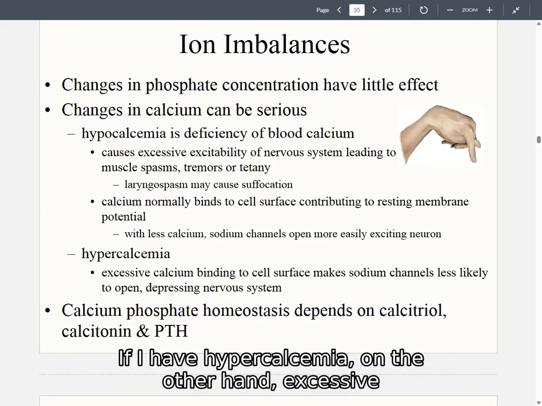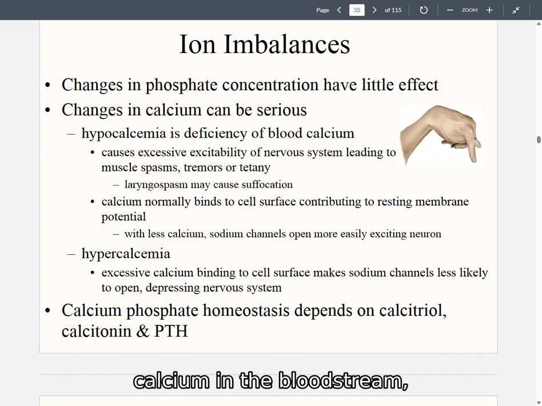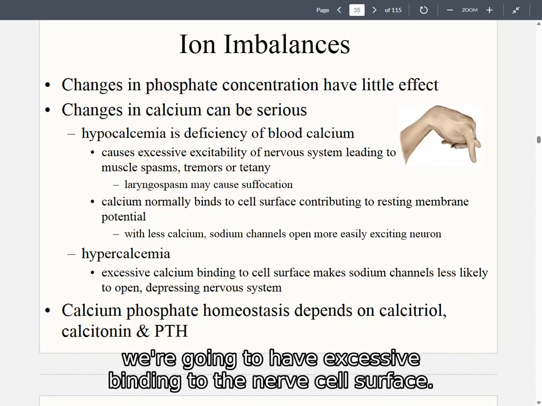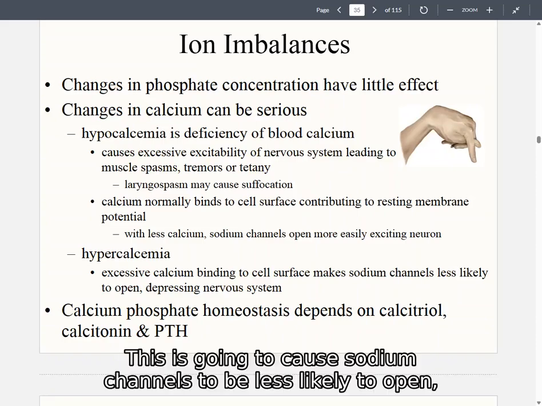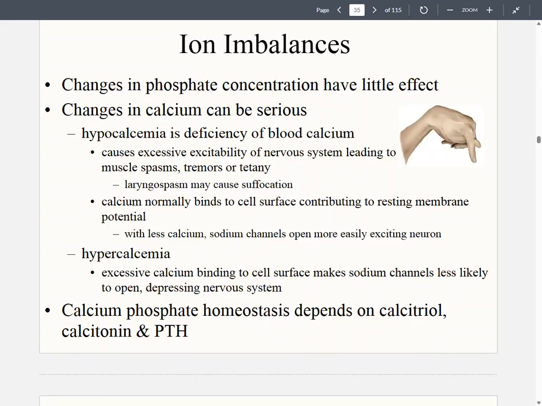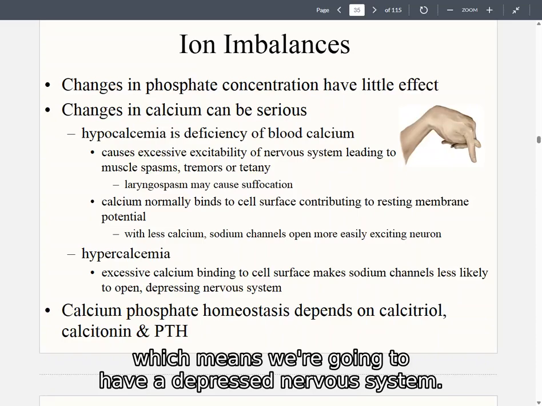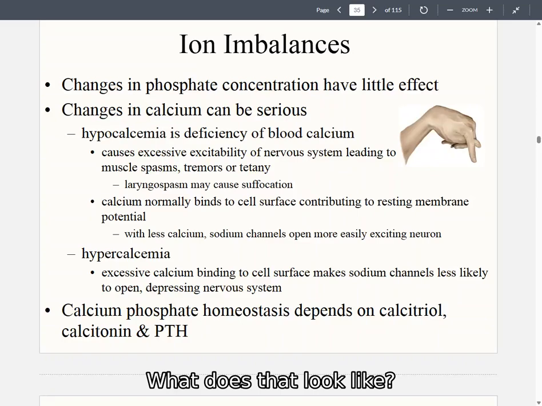If I have hypercalcemia, on the other hand, excessive calcium in the bloodstream, we're going to have excessive binding to the nerve cell surface. This is going to cause sodium channels to be less likely to open, which means we're going to have a depressed nervous system. What does that look like?